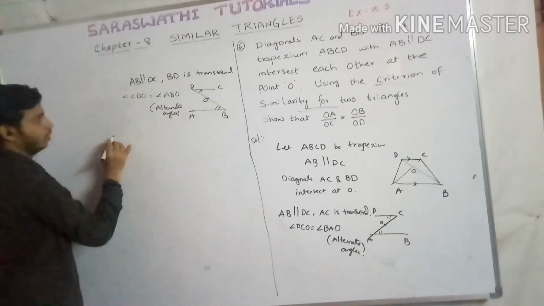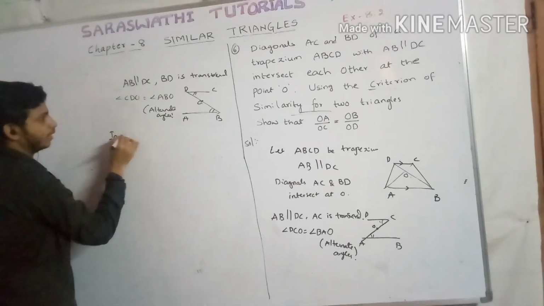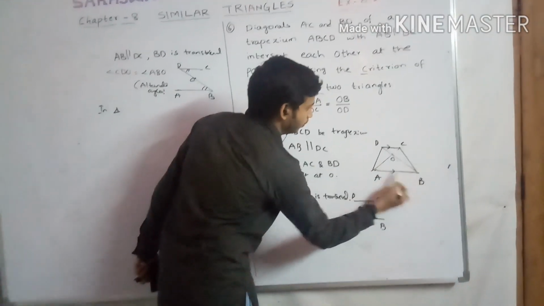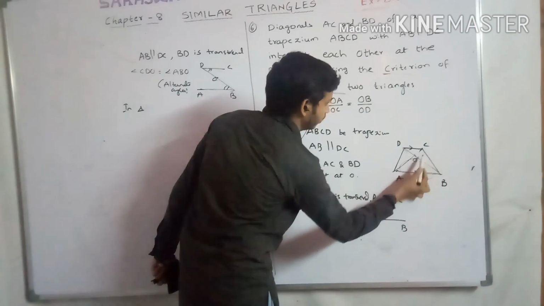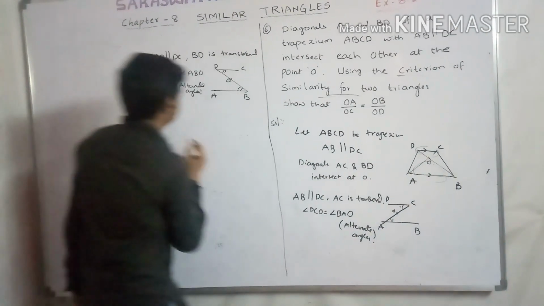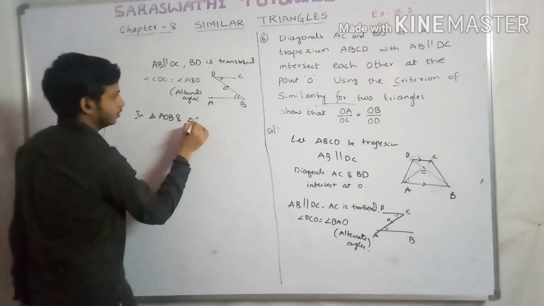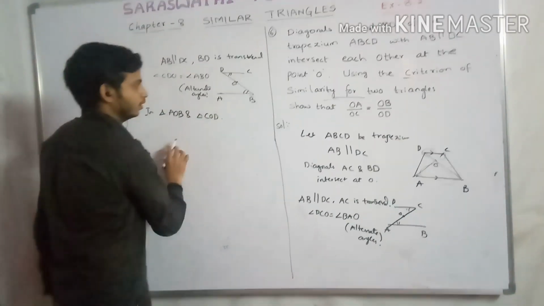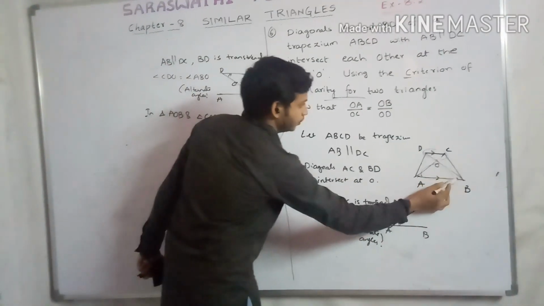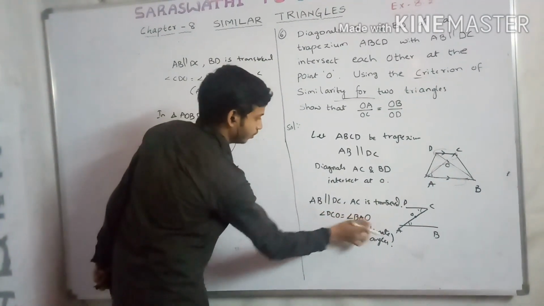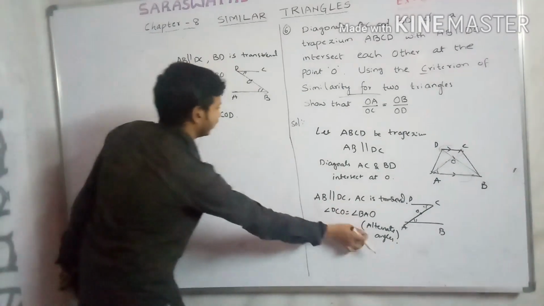Now these two triangles should be considered: triangle AOB and triangle COD. In triangle AOB and triangle COD, angle BAO equals angle DCO, which we have proved.